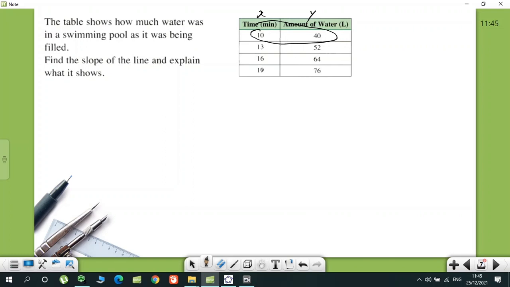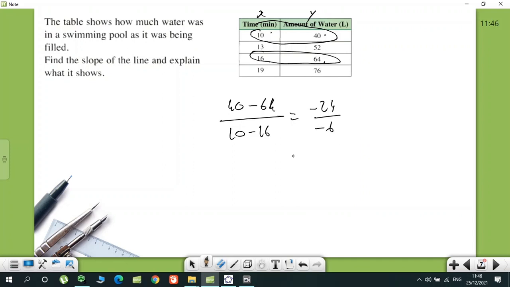You can choose any 2 of them. I'm going to choose that one and this one. So 40 minus 64 over 10 minus 16. That's equal to negative 24 over negative 6. Negative divided by negative is positive. 24 divided by 6 is 4.